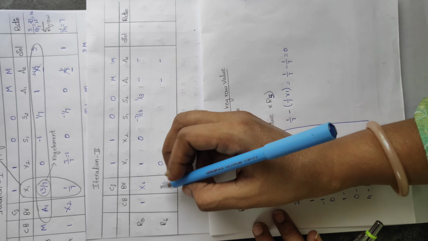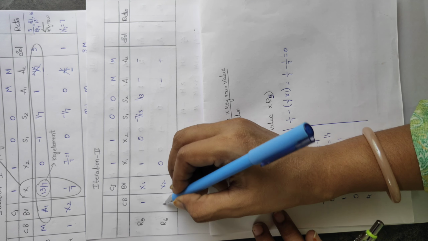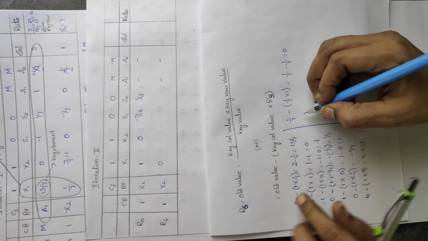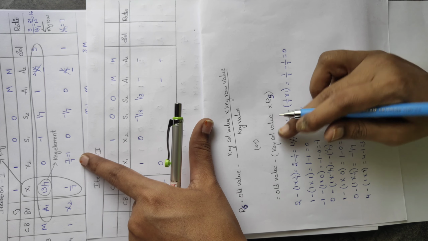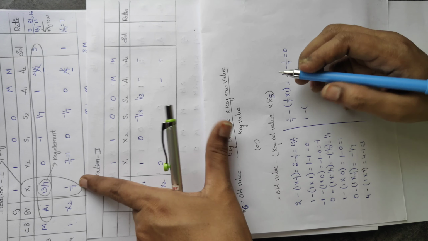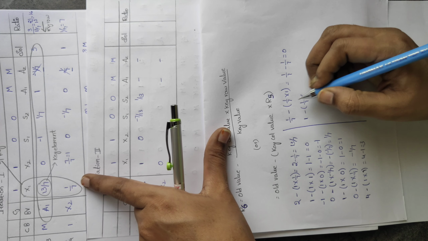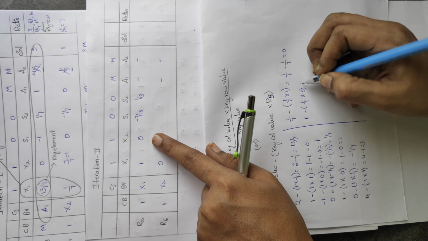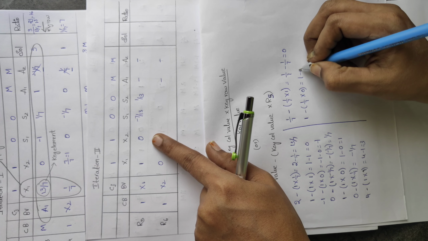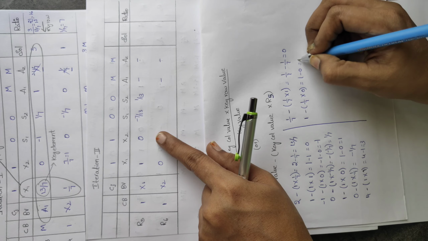Here the R2 coefficient is 1. The next old value is 1 minus key column value, 1 by 7, into R5 value. R5 value is 0. That means 1 minus 0, 1.